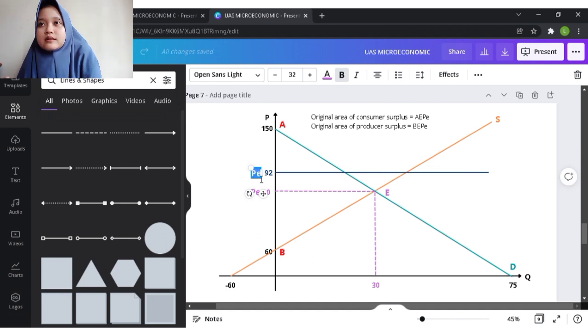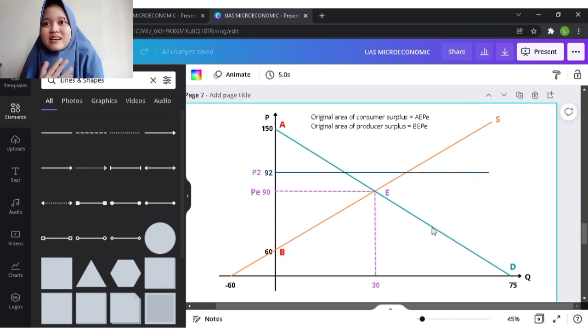This policy aims to protect producers and give more advantages to producers, because at the equilibrium price, pedagang merasa dirugikan.